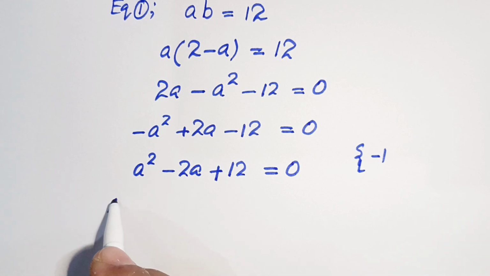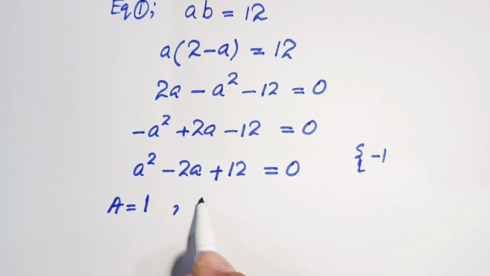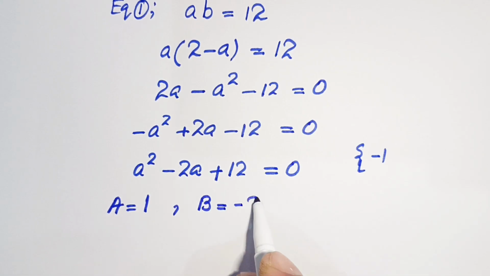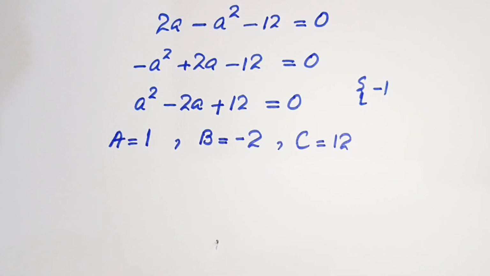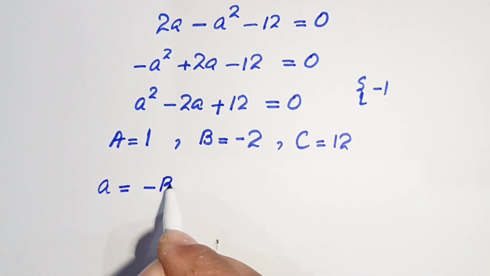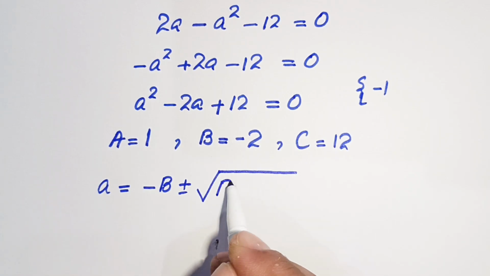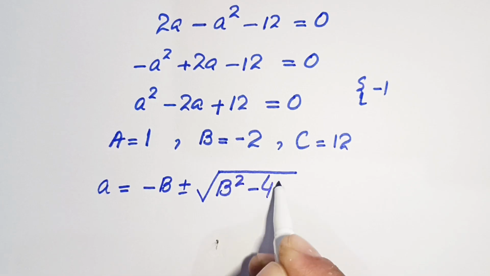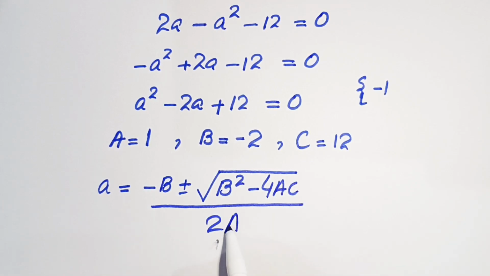Here let's say the coefficient of a squared is equal to 1, b is equal to minus 2, and c is equal to plus 12. So using the quadratic formula, a is equal to minus b plus minus square root of b squared minus 4 times a times c, all over 2 times a.